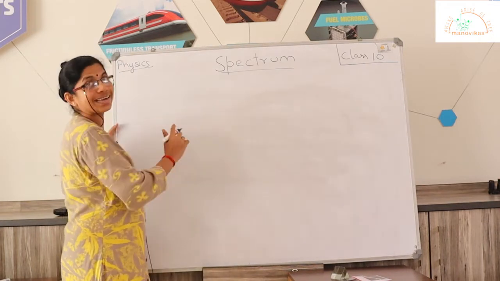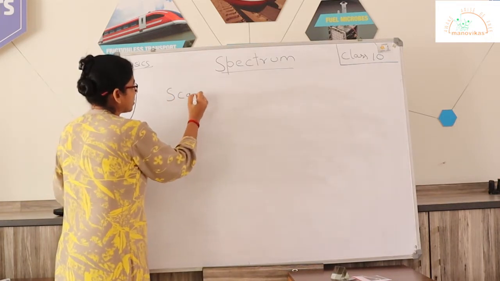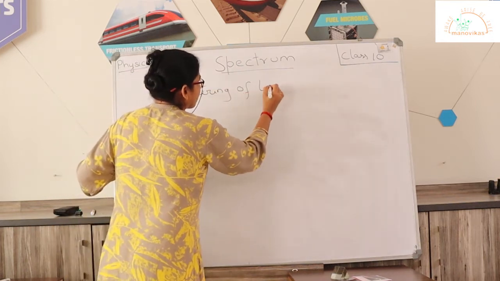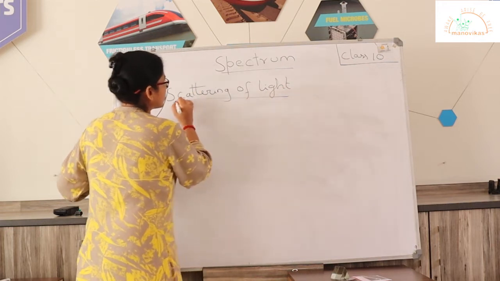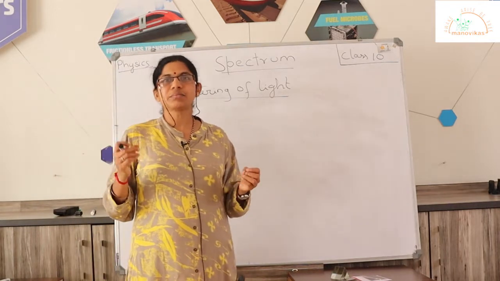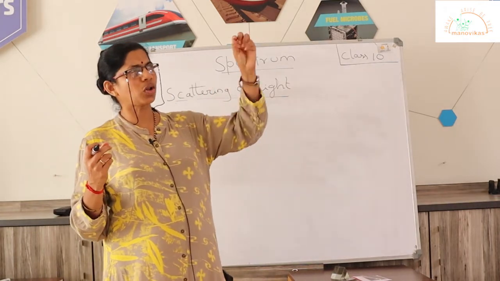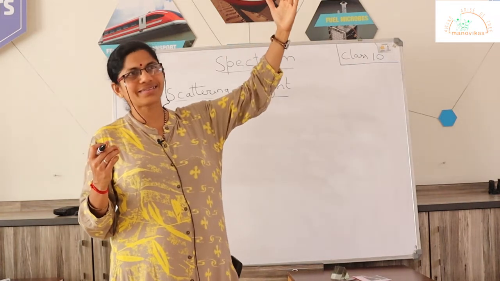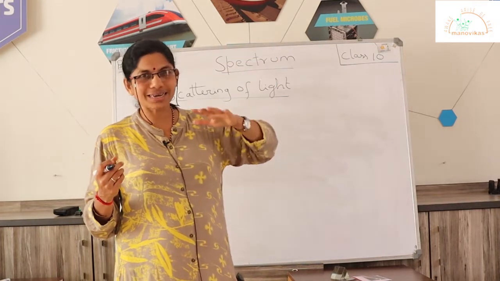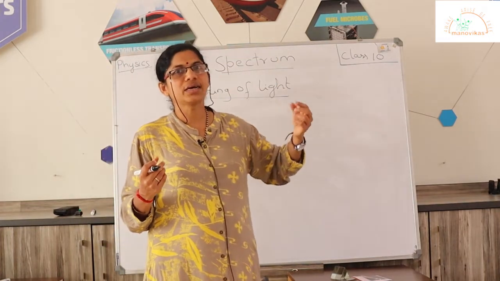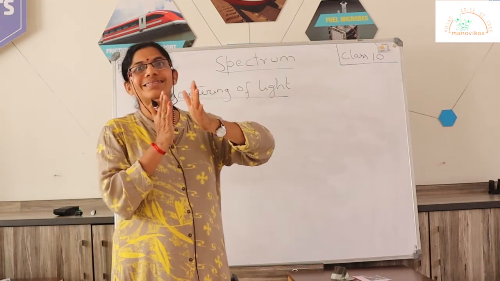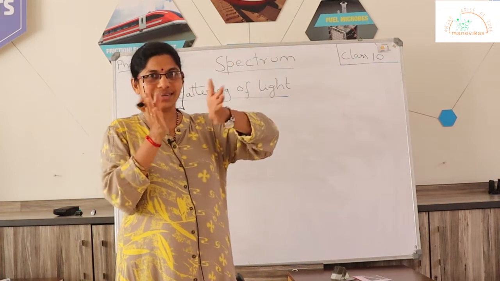Next is scattering of light. What is scattering of light? Many a time it so happens that there is a small opening, and when sunlight is allowed to enter through it, and there are dust particles in the room, you find that the light spreads in a certain direction.